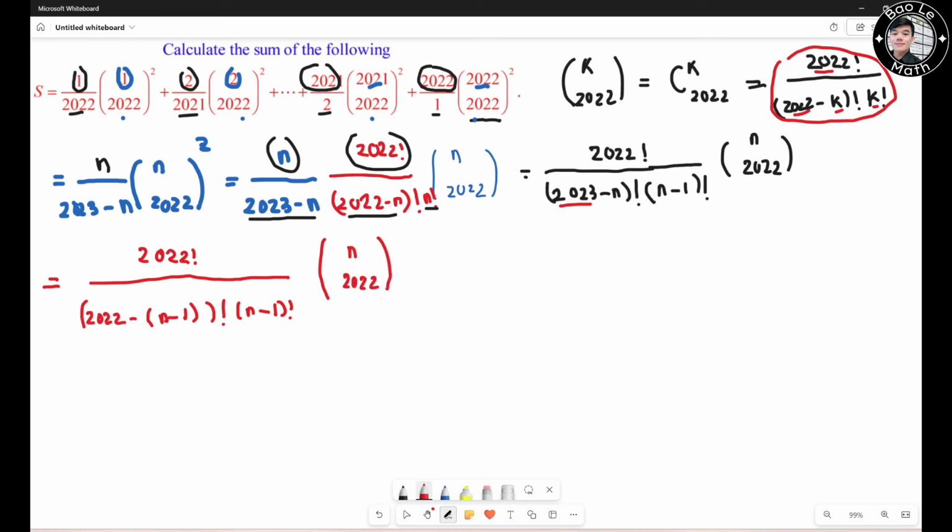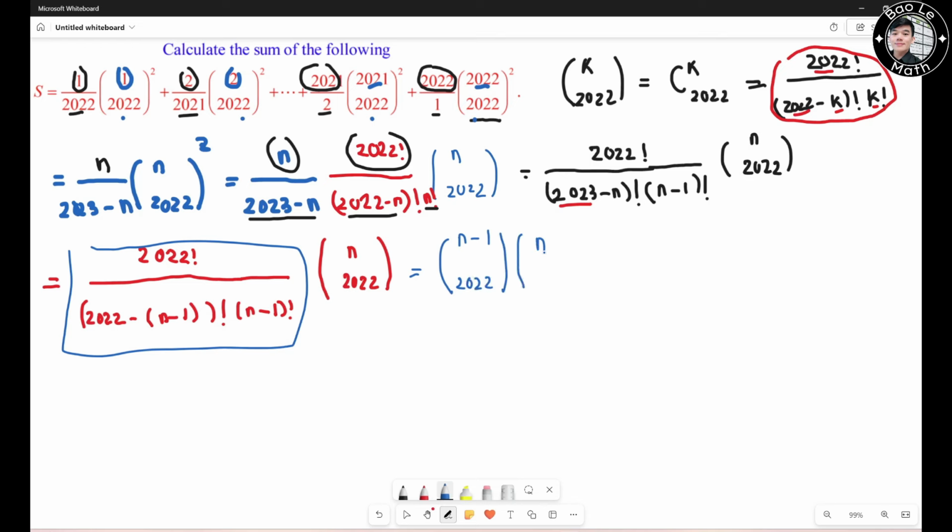Alright, now this is exactly the formula, where k equals n minus 1. So I just apply this formula and I get this one right here. So it turns out to be the combination of n minus 1, 2022 times C(n, 2022).